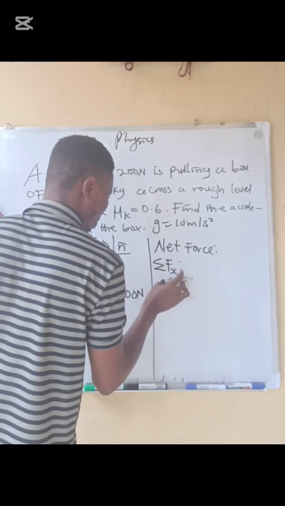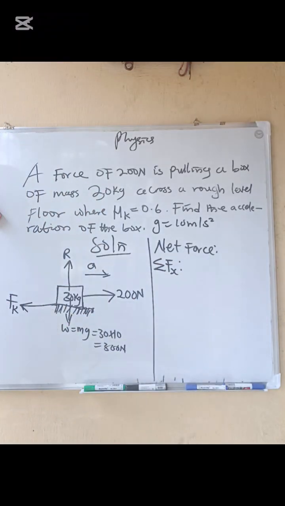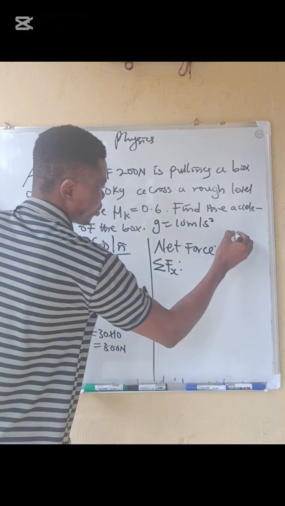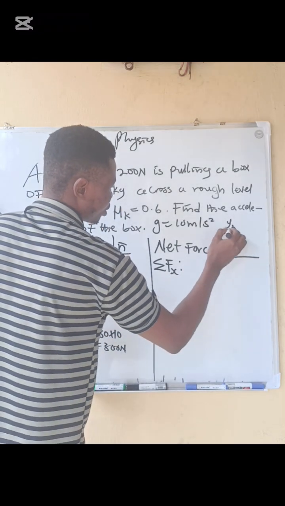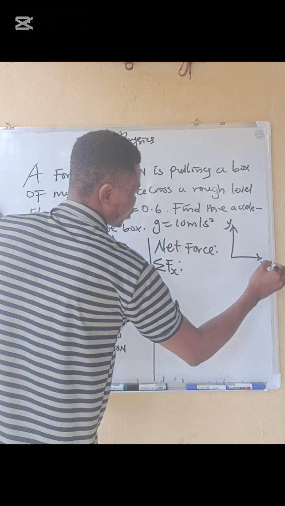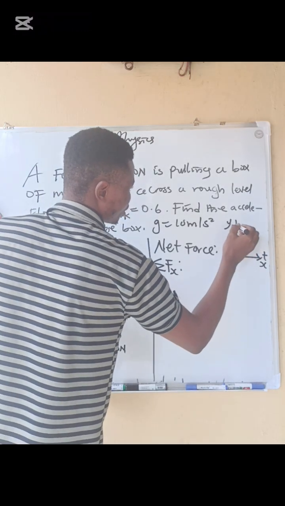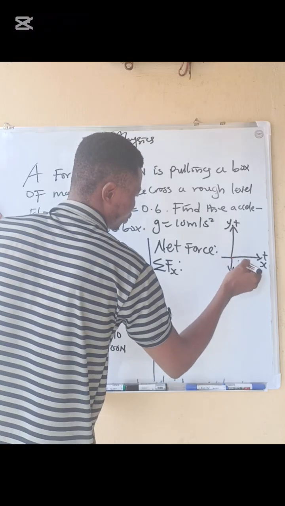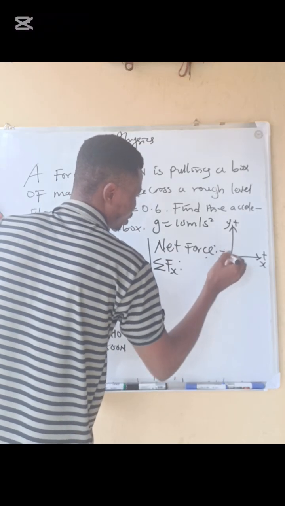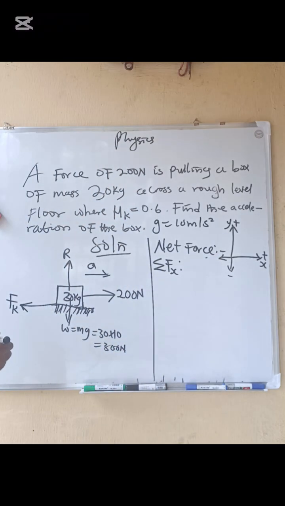This is my Cartesian plane, this is my Y, this is my X. So going to this side is positive, upward is positive, downward is negative, and coming to this side is negative. All right, let's go.